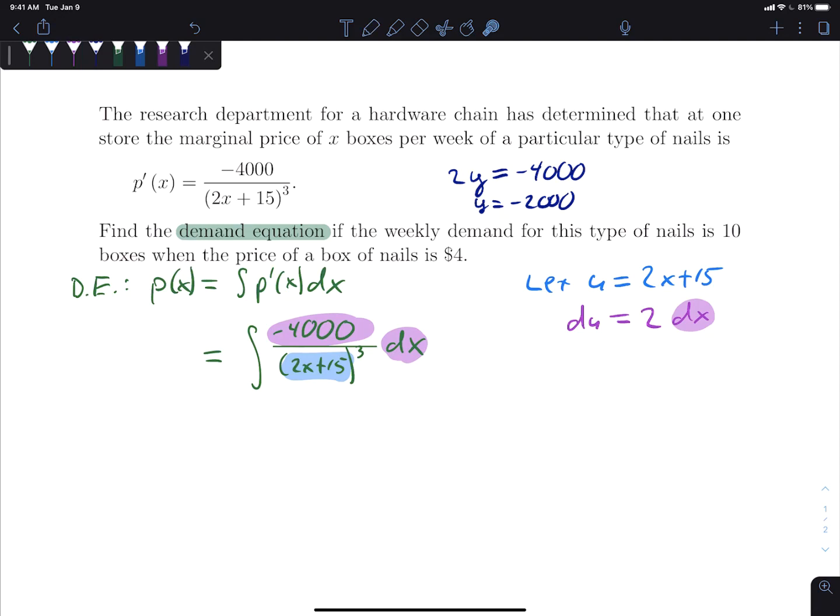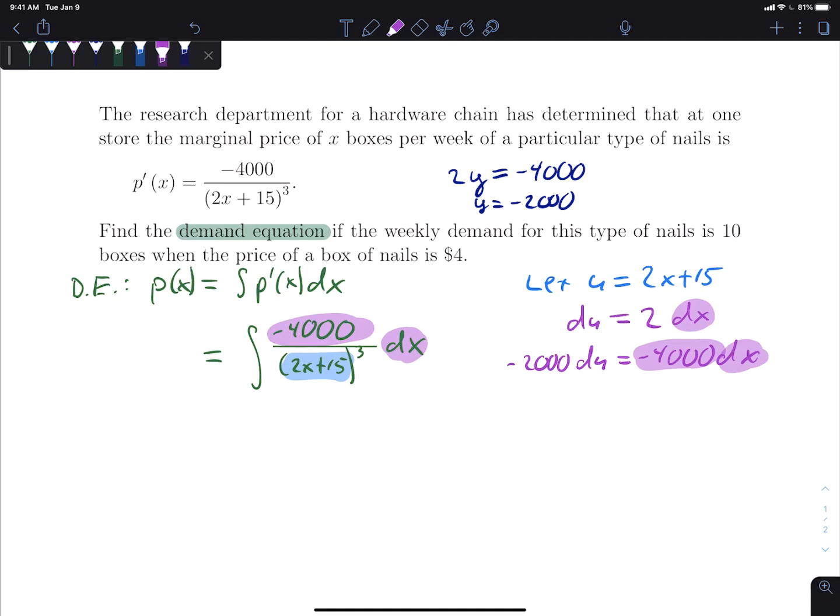So I'm going to multiply negative 2,000 on both sides of this equation, and that's going to give me negative 2,000 du is equal to negative 4,000 dx. And notice that this entire negative 4,000 dx is what we saw up here. Awesome.